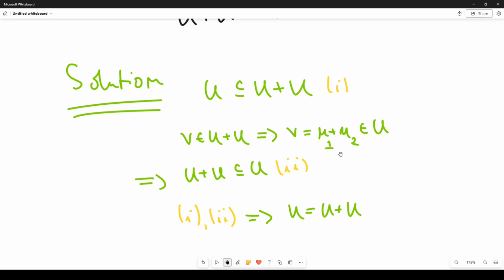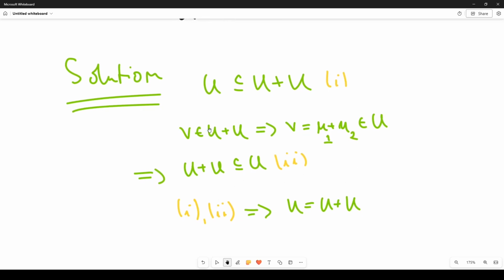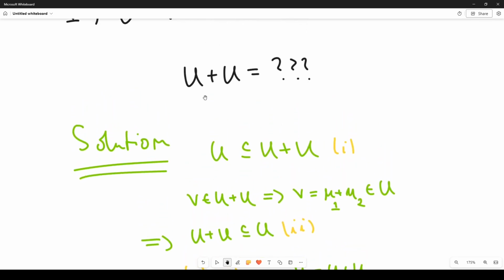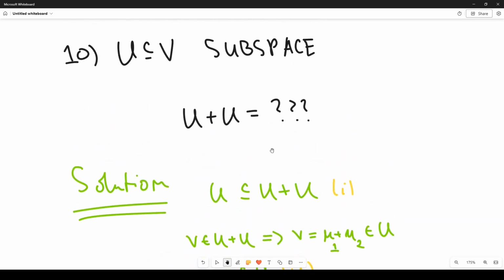And both of these elements belong to U, which is a subspace, so that means this sum also belongs in U. So whatever element v I take from the sum, it also ends up being an element of U. That means that the sum is a subset of U. And now we combine 1 and 2, and by the definition of equality for two sets, we get that U is equal to U plus U. So if you have some subspace U and you add the subspace to itself, well then you're just left with U. You don't really change anything. It acts like a zero.